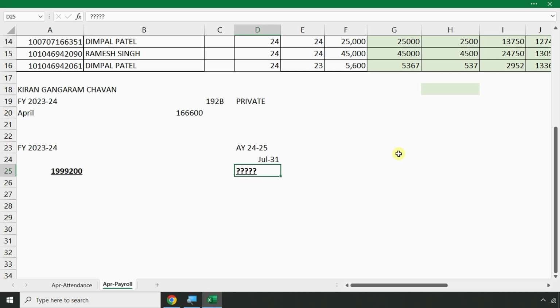So to introduce TDS on salary, there are some reasons. One is to get a regular flow of revenue.